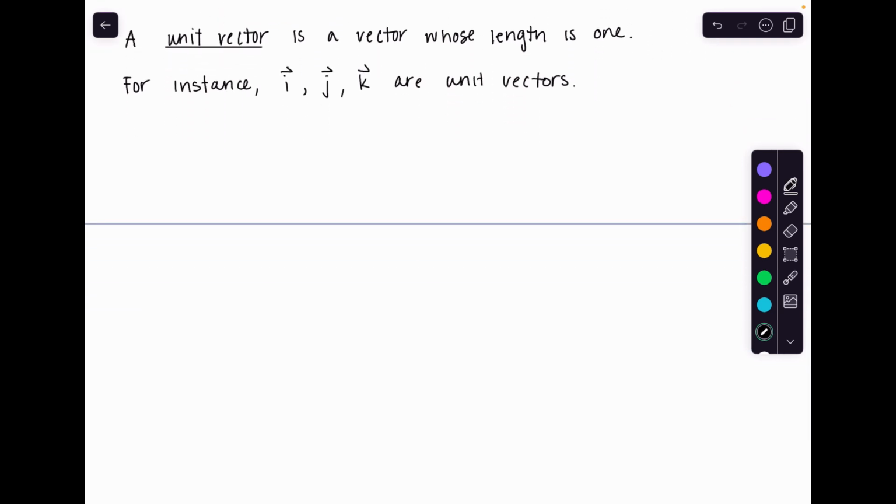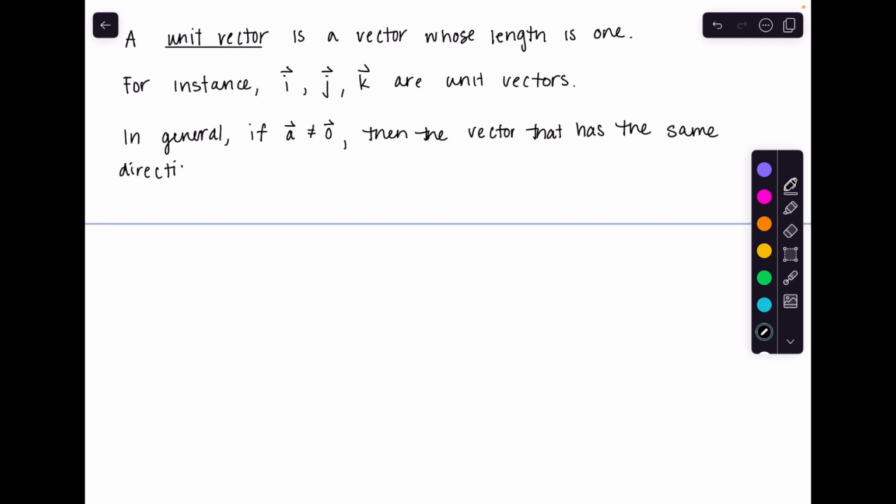So to summarize that, in general, if our vector A is not the 0 vector, because that has length 0, then the vector that has the same direction as A with length 1 is the following.